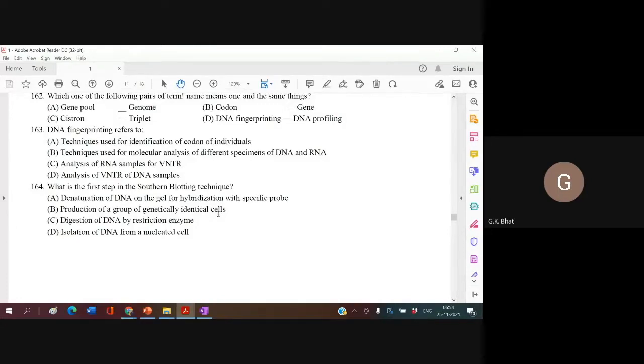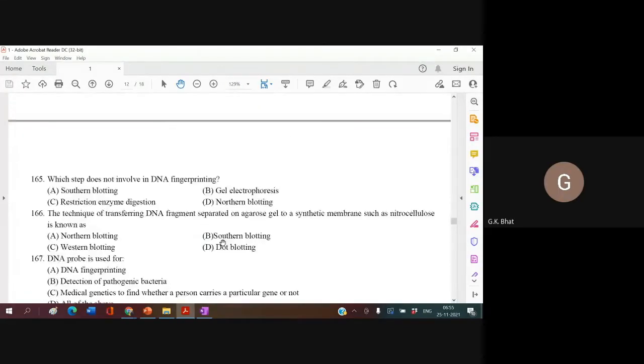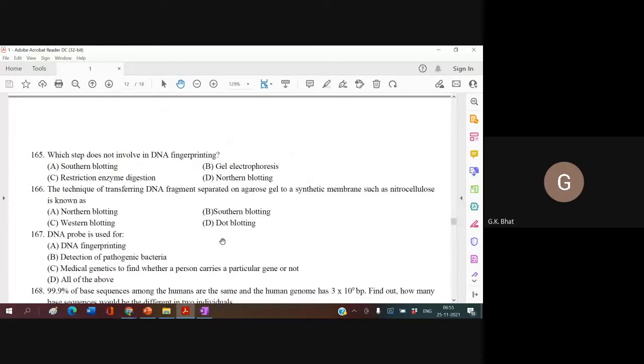Southern blotting technique. Isolation of DNA from a nucleated cell. Next. Which step does not involve the DNA fingerprinting? D. Yeah.